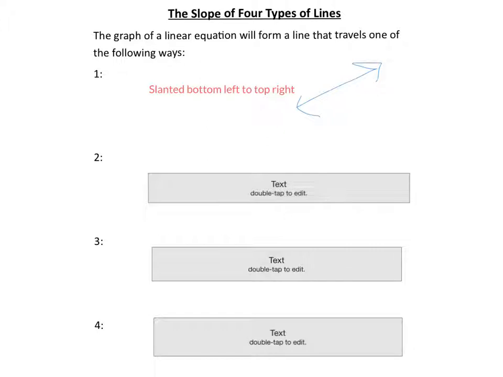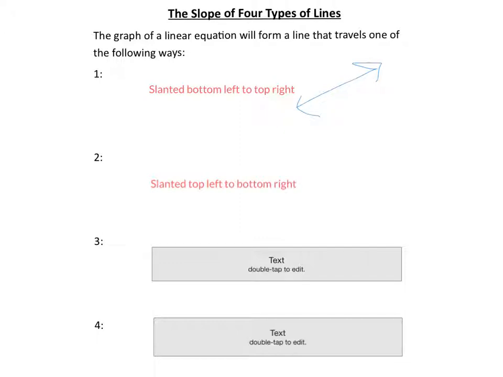Now, as far as the steepness of that line, it could vary, but generally speaking it's slanted bottom left to top right. Second one is slanted top left to bottom right. And that one's going to look like this. Again, the steepness of it is going to vary, but generally speaking it goes in that direction.